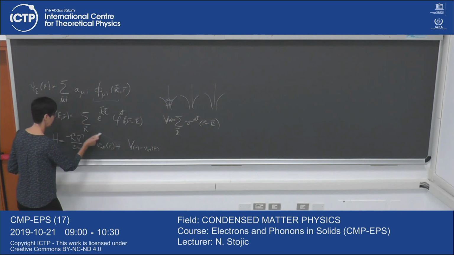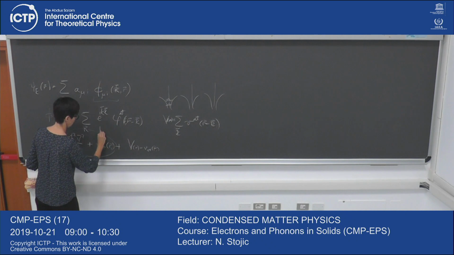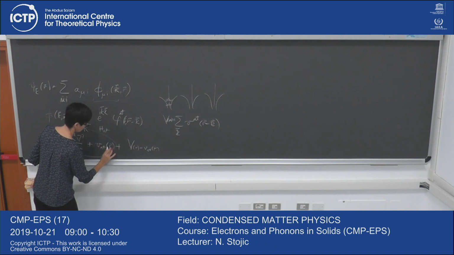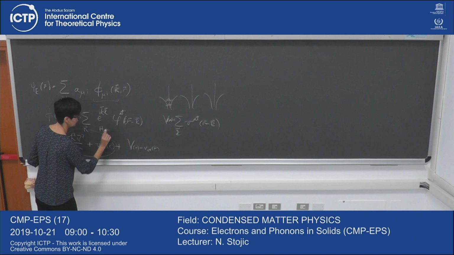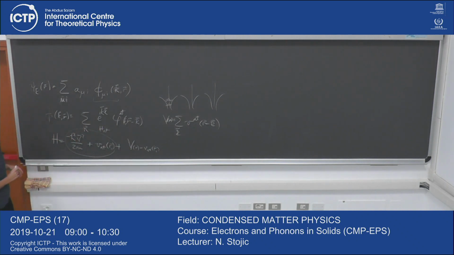And this is my atomic potential. Actually, it should be plus V prime, at R equals 0.